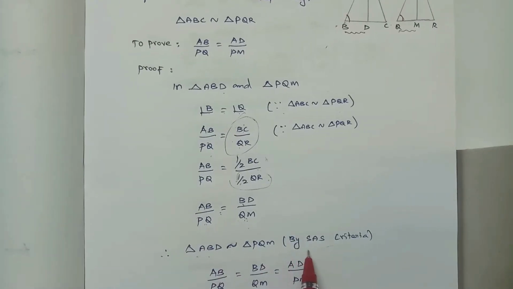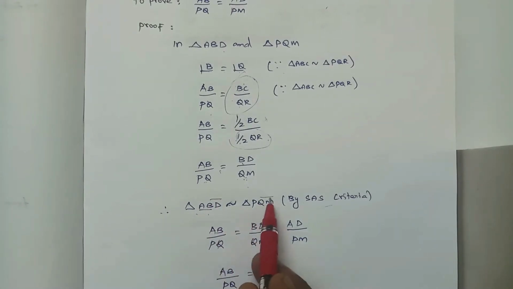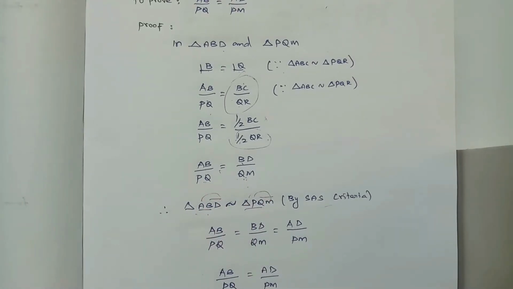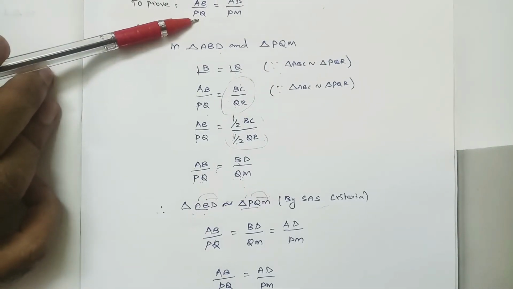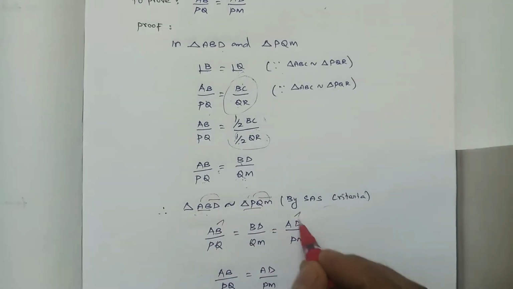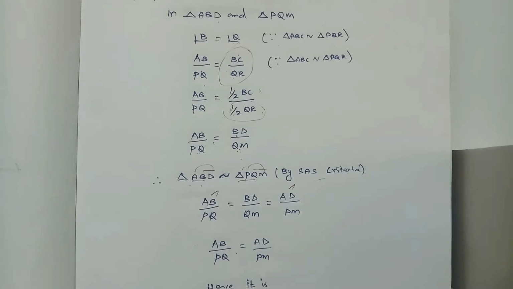If these two triangles are similar, then the sides are proportional, so AB by PQ is equal to BD by QM, which is equal to AD by PM. What we want to prove is that AB by PQ is equal to AD by PM. Hence proved. Understood?